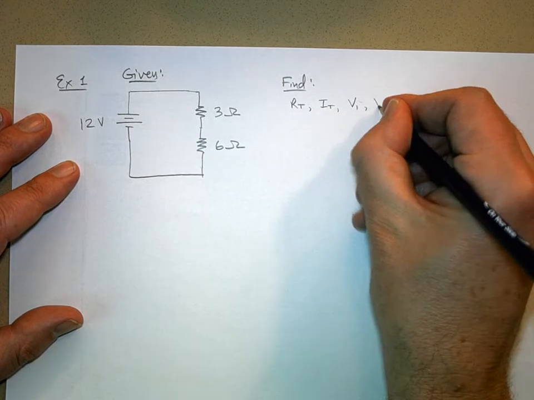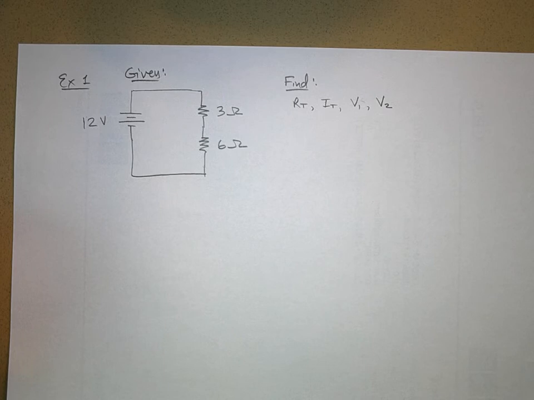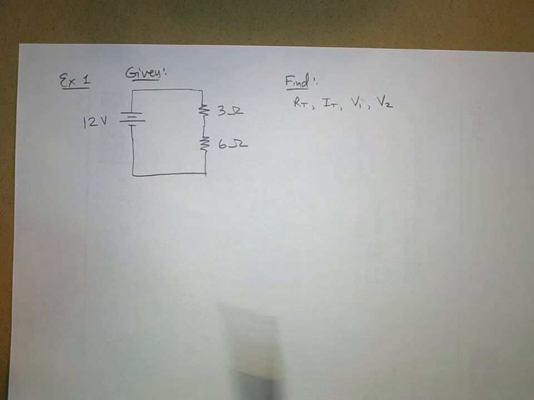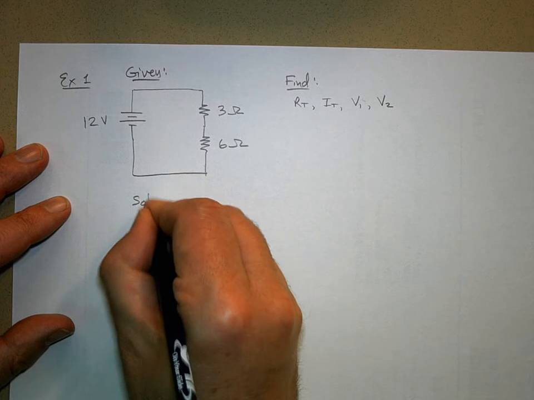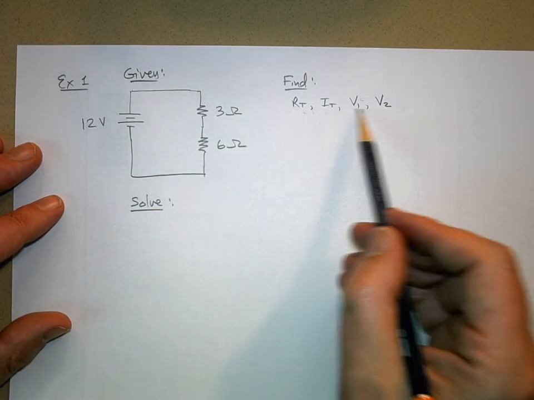And what is V2? So this is the kind of problems I'm going to give you in just a few minutes for these two in series. Well, let's solve. And I try to put these in an order that kind of makes sense.